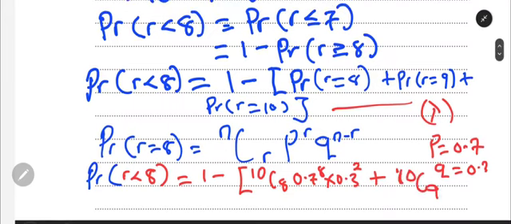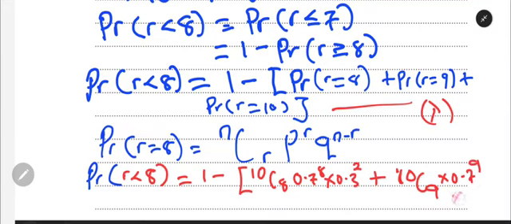9, 10 combination 9, times 0.7 raised to the power of 9. I don't have enough space, I just have to manage the space.